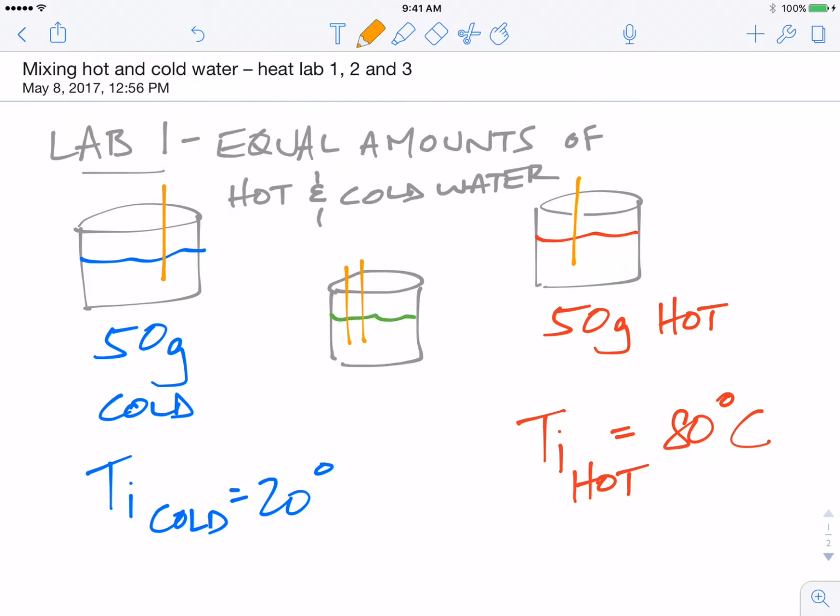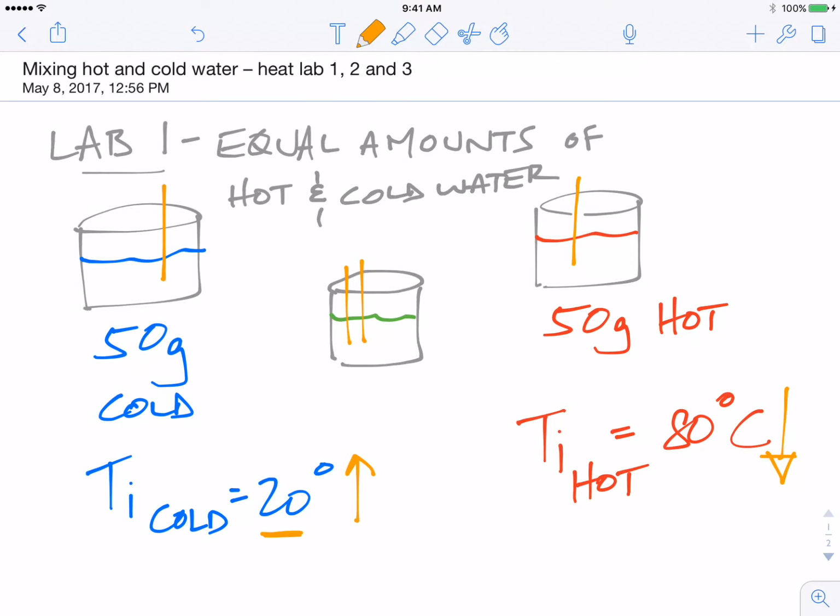And so one neat thing that would happen in the lab is that we would see, since the cold water started out at 20, because it's mixing with something that is hot, the temperature would go up. Whereas the hot water starts out at 80 and you're mixing with something that's cold, so the temperature of the hot water would actually go down.